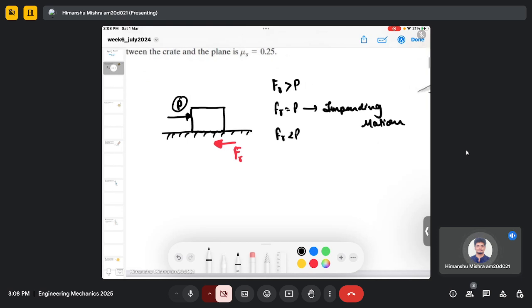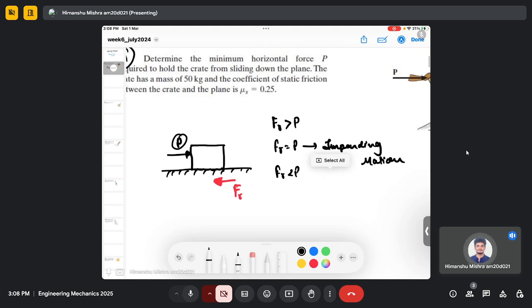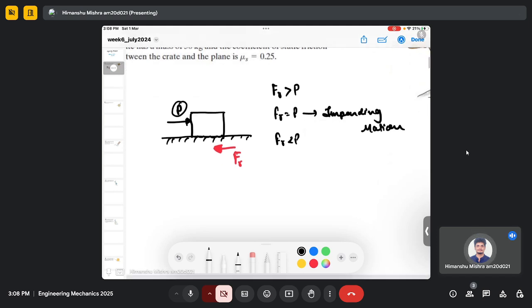So we are going to describe such situations here, where for various configurations we apply some external force, or the external force could also be in the form of reaction forces or weight itself, and due to these forces there will be a reacting friction force which acts in the opposite direction.